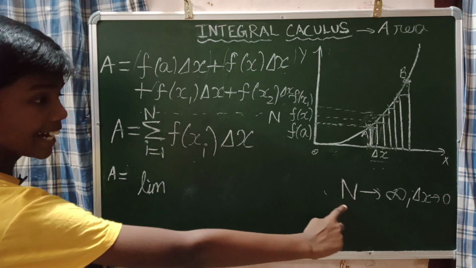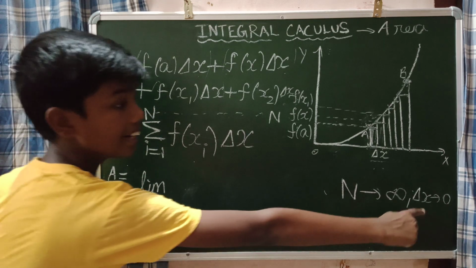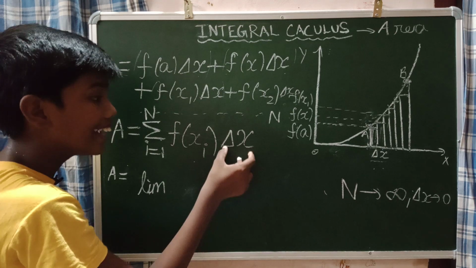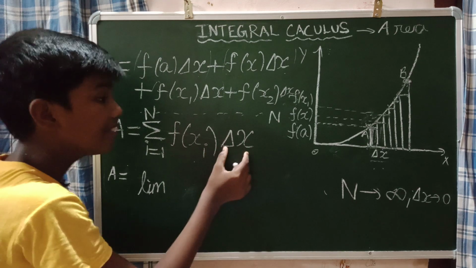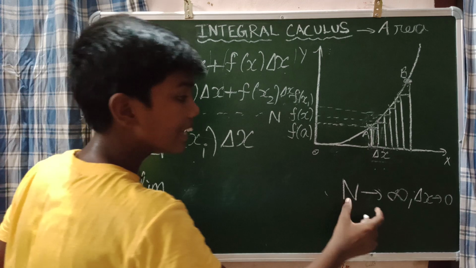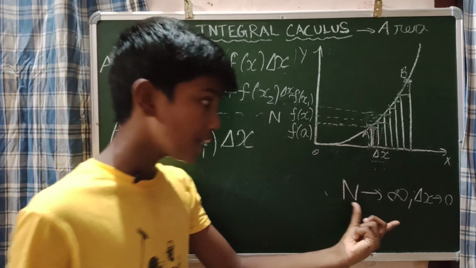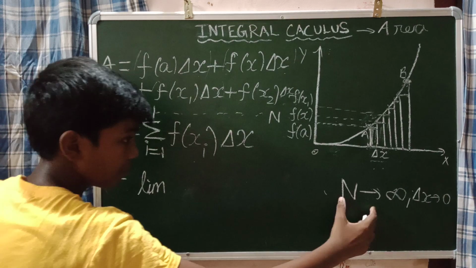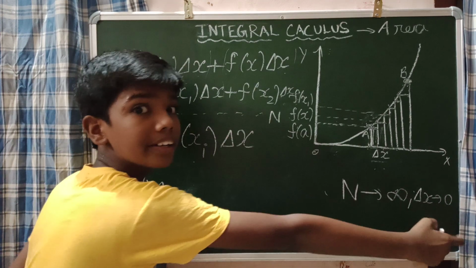we are not going to write it as n tends to infinity. We are going to write delta x tends to 0, because we have the delta x in the function. After the function we have delta x only. If n tends to infinity, the delta x will also tend to 0.